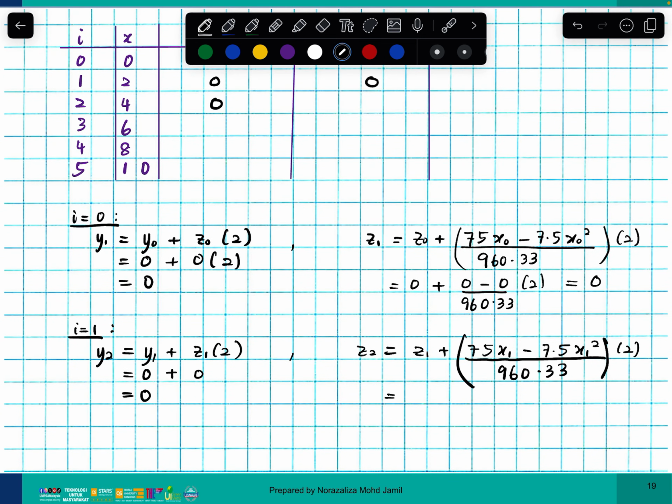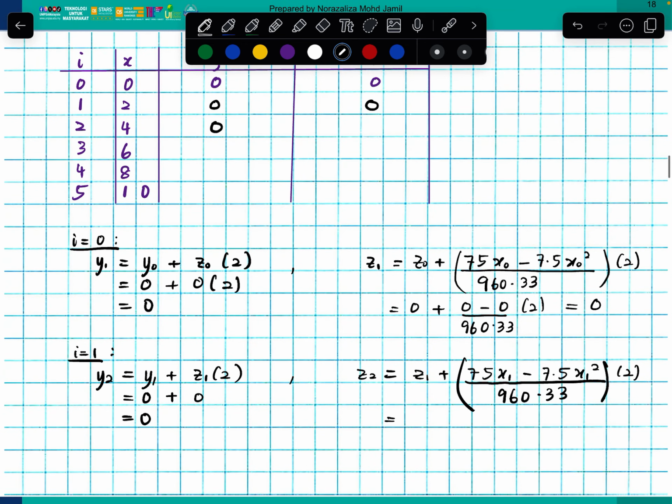Then put the value of z1. z1 is 0 plus, now your x1 is 2, so we have some value here.